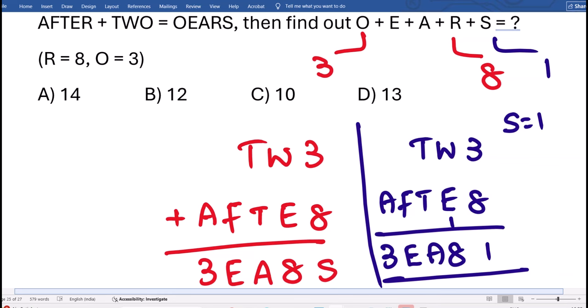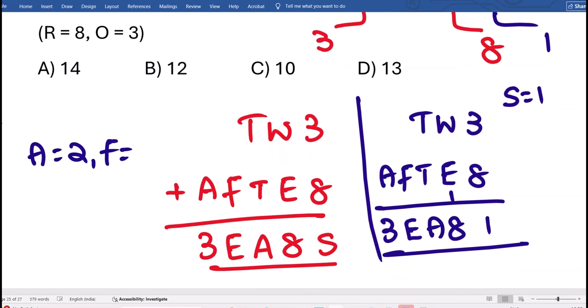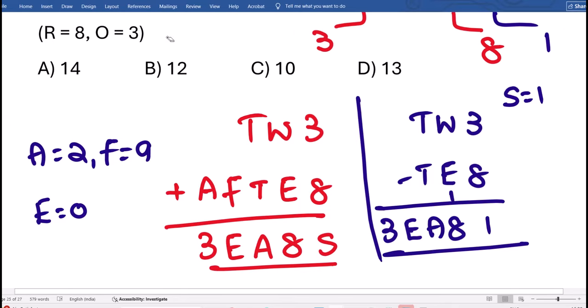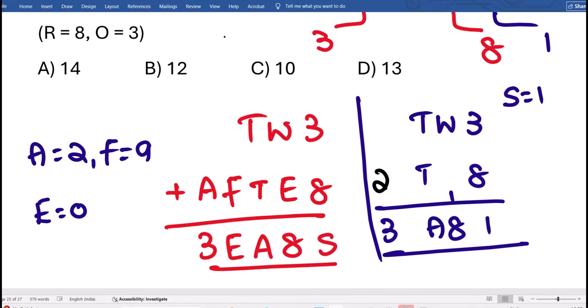A will be 2, F will be 9. E must be 0. W must be 7.